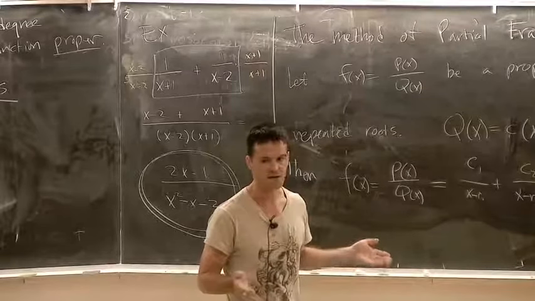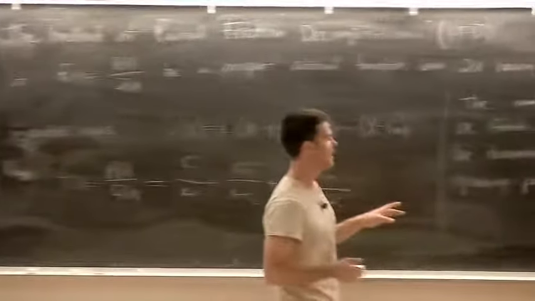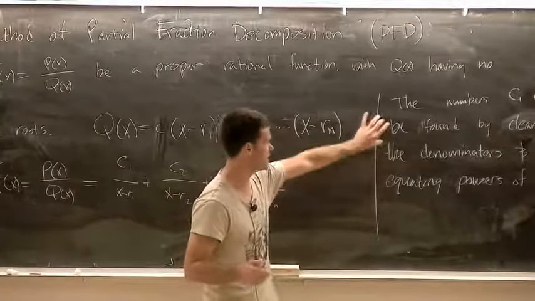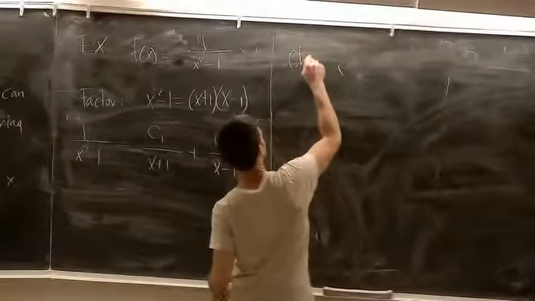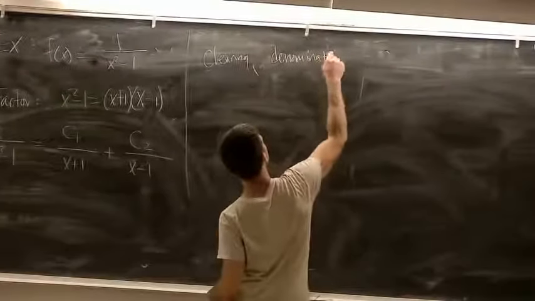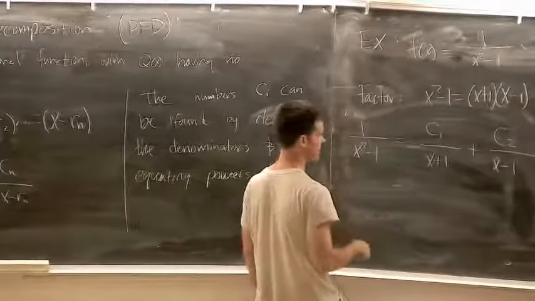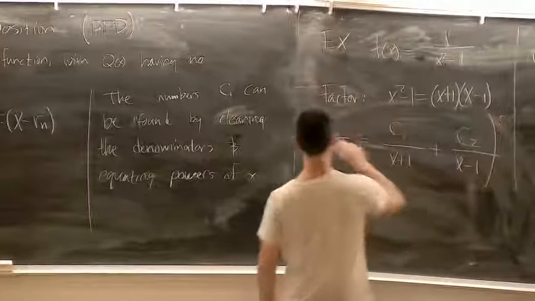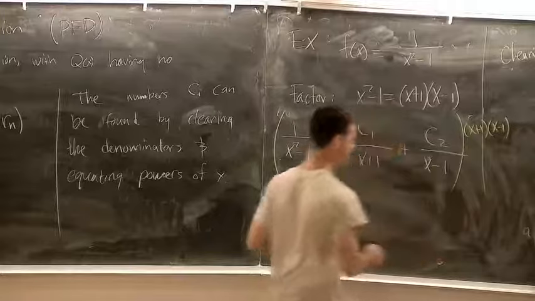And now we just need to find out what the two constants are, C1 and C2. So I will now do what I was trying to describe in words right here. So clearing denominators, which means I'm going to multiply everything by the denominator, right? So multiply everything by x plus 1, x minus 1.